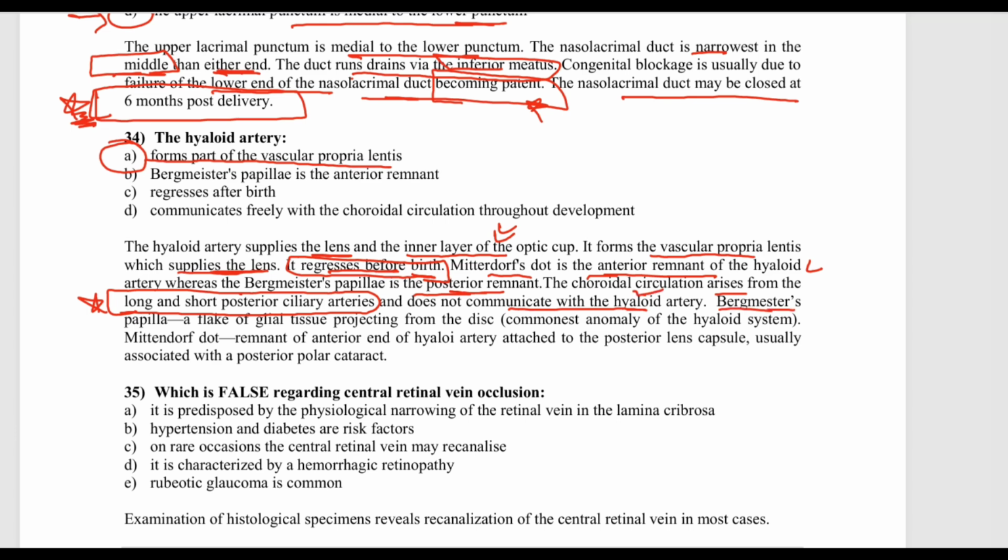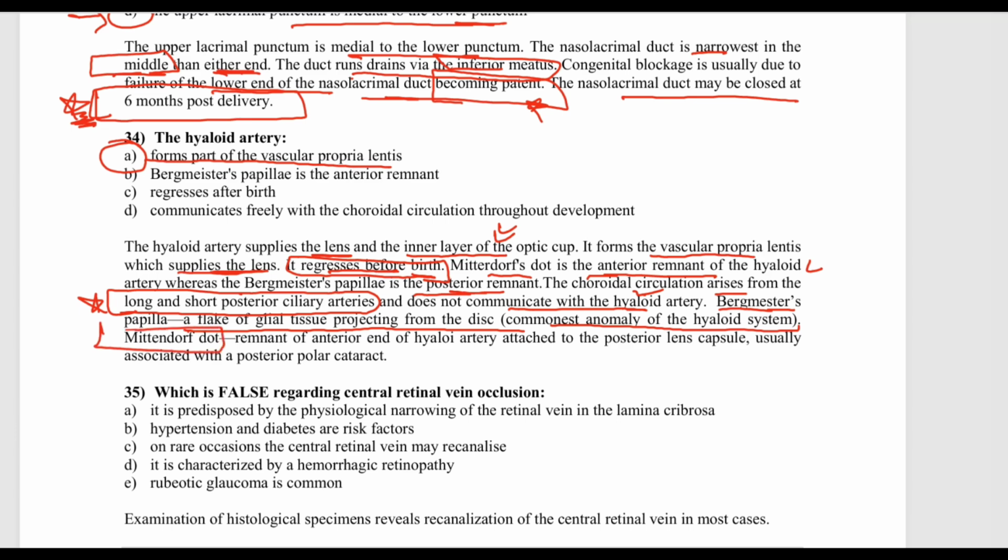Regarding the Bergmeister papilla, other important points: it appears as a flake of glial tissue projecting from the disc. This is the commonest anomaly of the hyaloid system. Among the Mittendorf dot and the Bergmeister papilla, the most common is the Bergmeister papilla, so remember it.